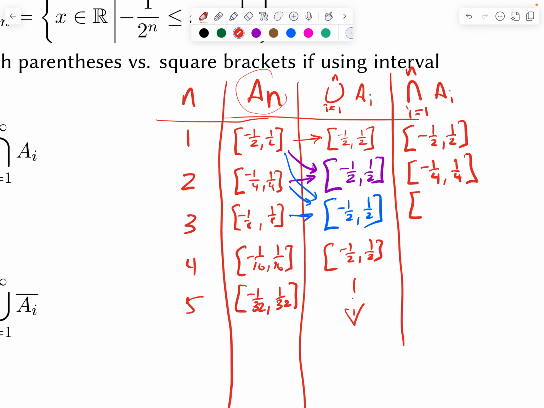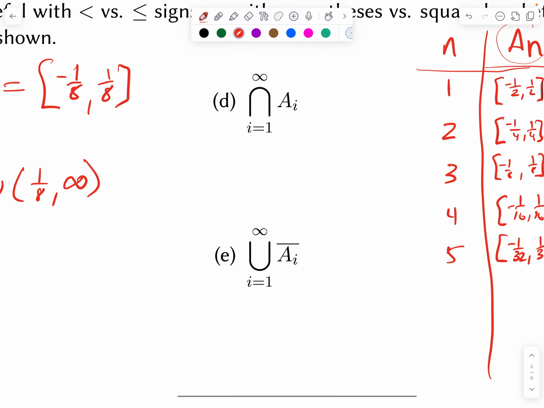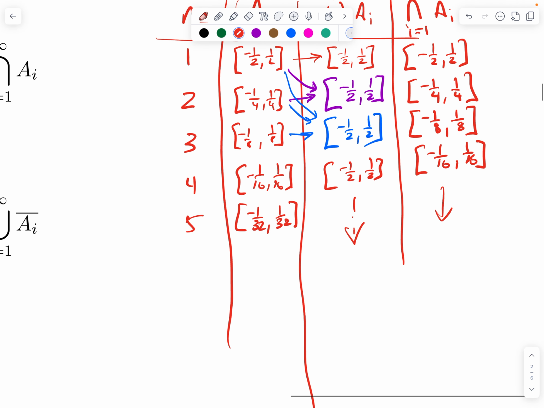And then when we intersect it with the next one, you can see that it's getting smaller and smaller, but that's the way intersections work. You're always taking off the chunk that isn't overlapping.